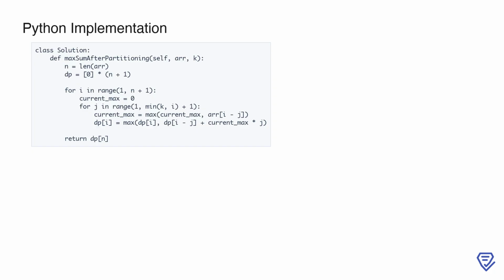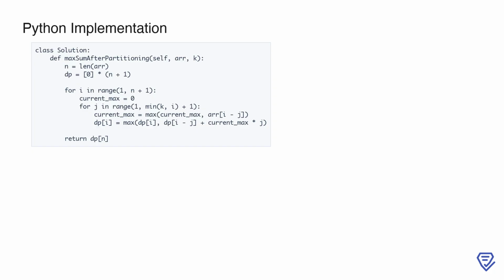For each partition length j, the algorithm updates the DP I value by comparing its current value with the sum of DP I minus j, the maximum sum achievable for the subarray before the current partition, and current_max asterisk j, the contribution of the current partition, where all elements are replaced by the maximum value. 5. Result. After the loop is complete, DP n contains the maximum sum achievable for the entire array.